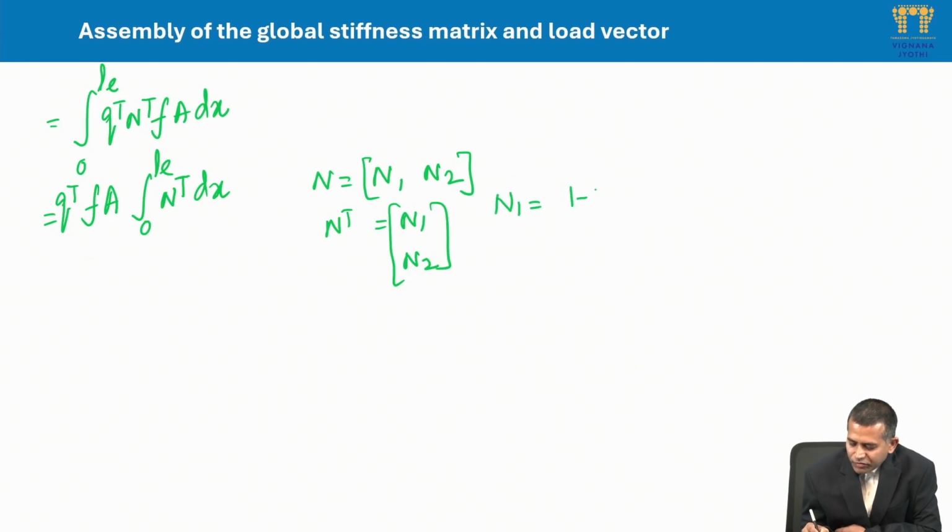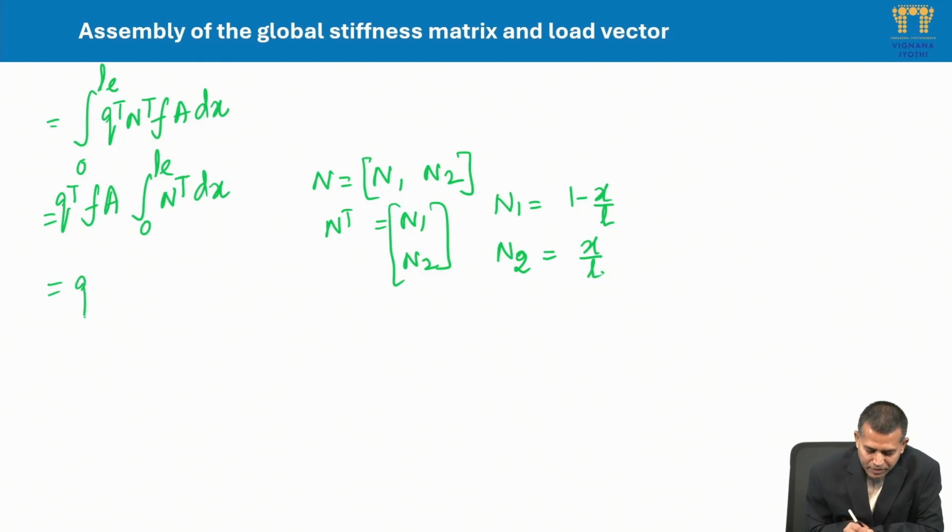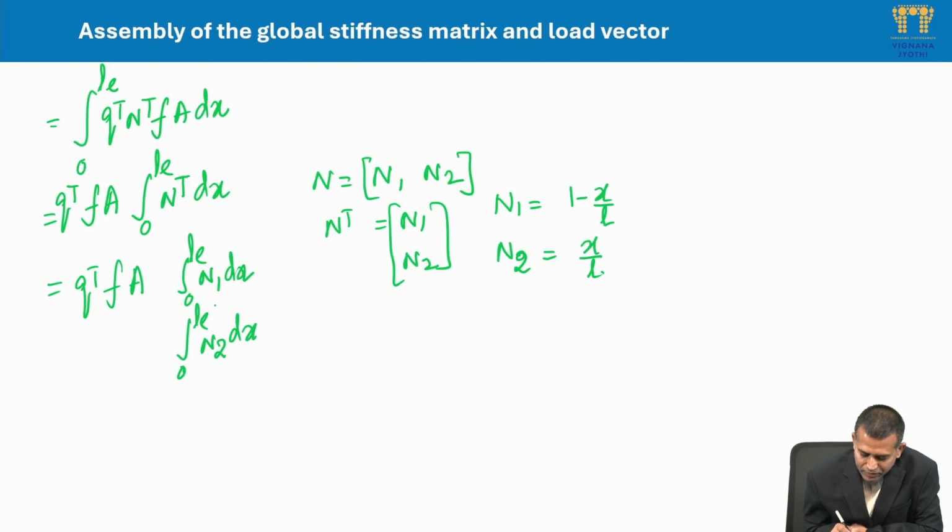N1 is nothing but 1 minus x by L, and N2 is nothing but x by L, right? So I can write these terms, f A, in this form: integral 0 to LE of N1 dx and integral 0 to LE of N2 dx.